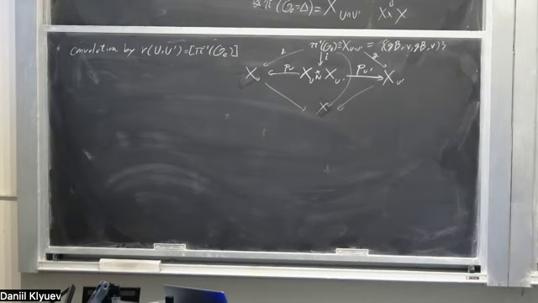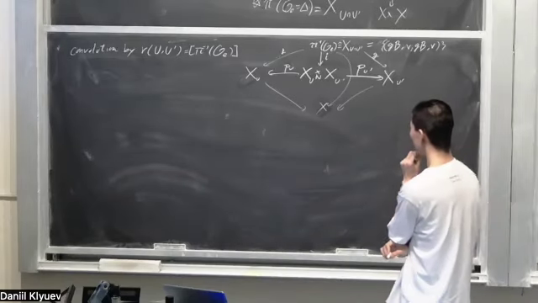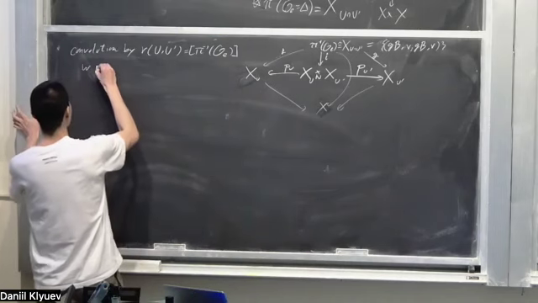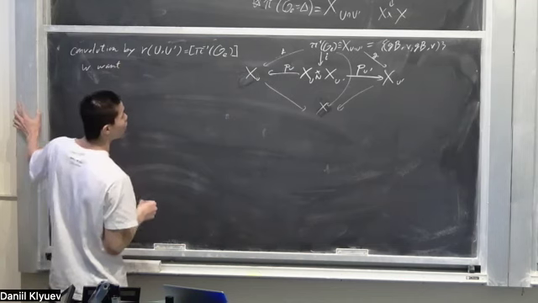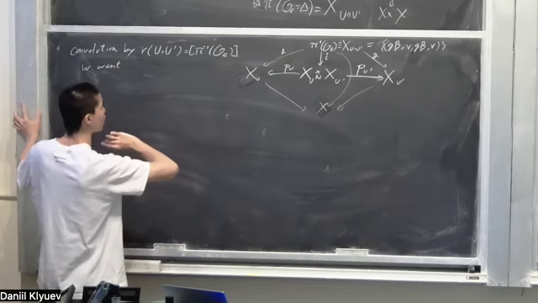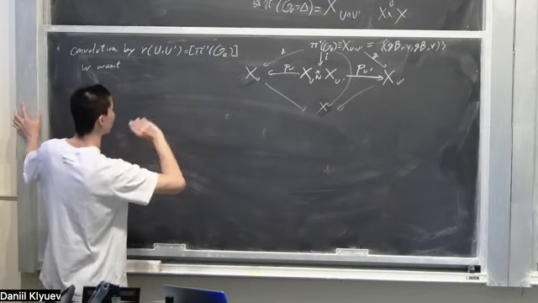Okay, I'm going to do my best at this point. So we want, I think like last time, the top is a fiber product. I guess that part doesn't matter yet.